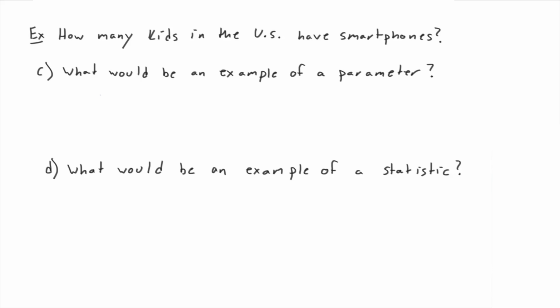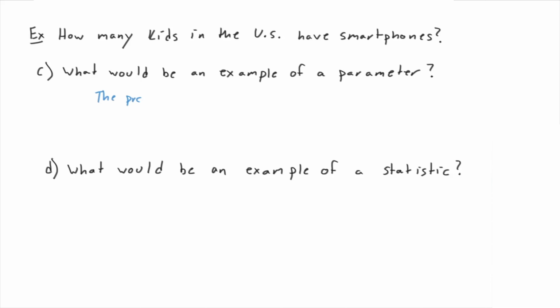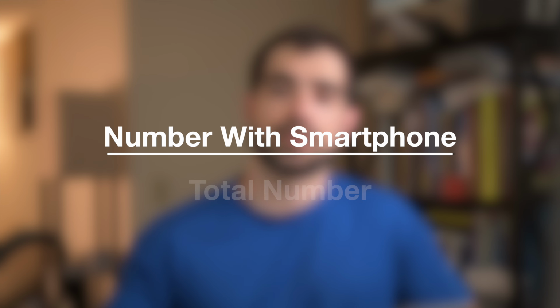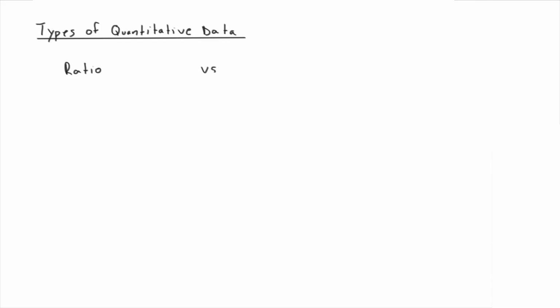Finally, getting back to our smartphone example, the yes-no aspect can be considered a qualitative variable, but we can also convert it into a quantitative one if, for instance, we consider it as the proportion of kids who own a smartphone. In other words, the ratio of yeses, people who own a smartphone, divided by the total number of people. And this idea brings us to our last distinction, which would be a ratio quantity versus an interval quantity.